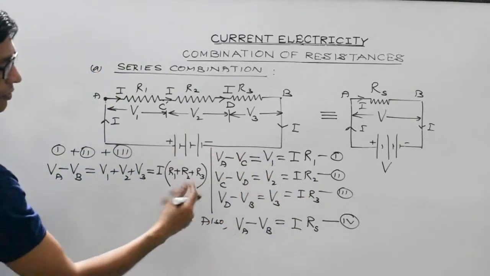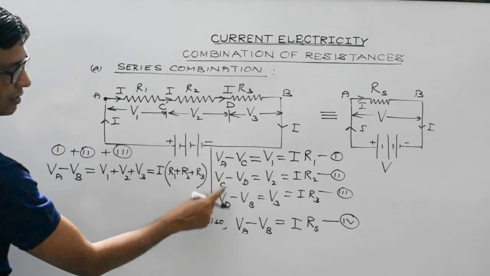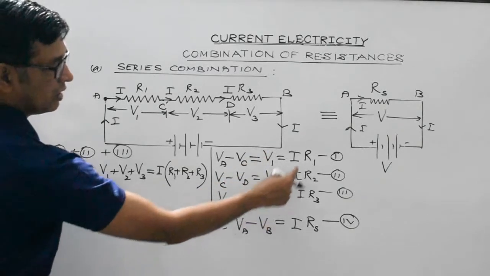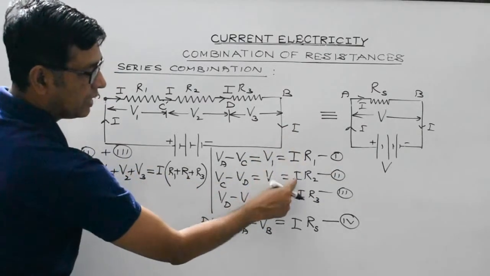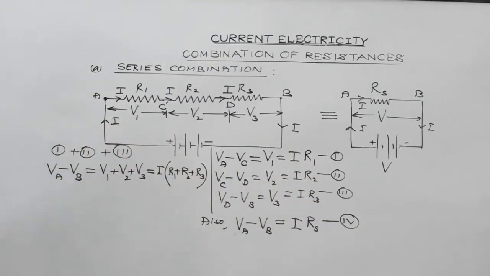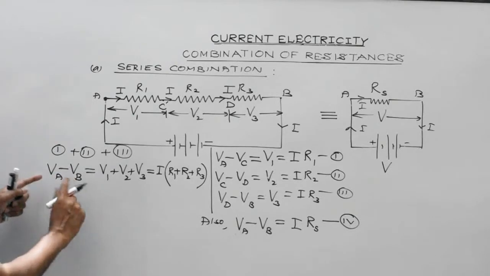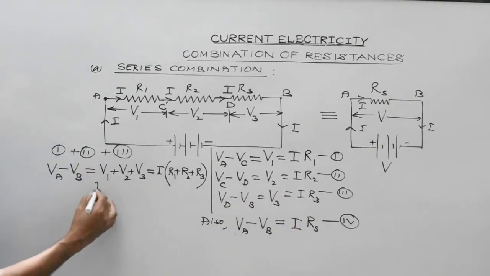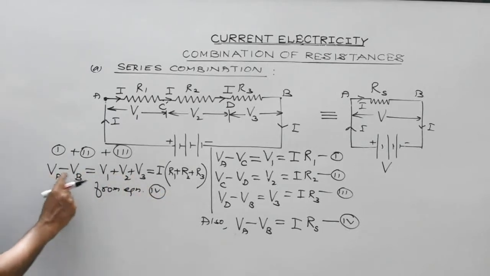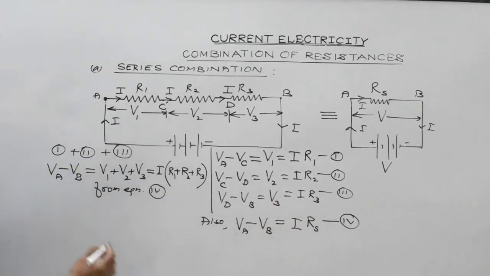In the extreme left, these terms will get cancelled, we will be left with VA minus VB, and over here V1 plus V2 plus V3, and in the extreme right, I can be taken as common, and in the bracket it will be R1 plus R2 plus R3. And now make use of equation number 4. From equation 4, VA minus VB can be written as IRS.